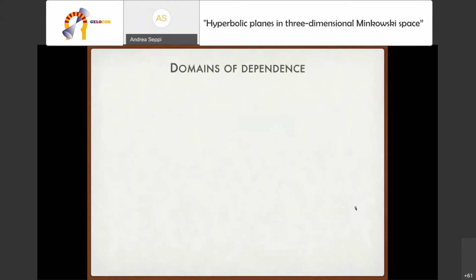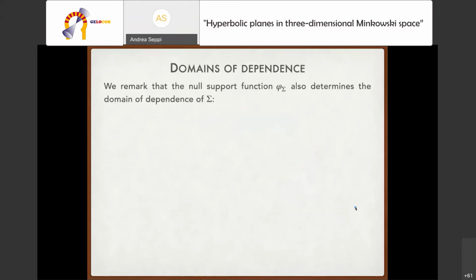And also, a side remark is that the null support function uniquely determines the domain of dependence of the surface. The domain of dependence of a surface in Minkowski space is the set of points such that every inextensible future time-like curve from that point intersects the surface.